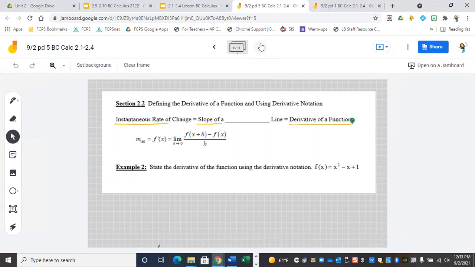So there's 3 different words that they can use all to represent the same animal: instantaneous rate of change, slope of a tangent line, or derivative of a function. All the same value, calculated the same way. And when we talk about the definition of the derivative, this is what we've been looking at for a couple class periods now. Remember, there is that second definition.